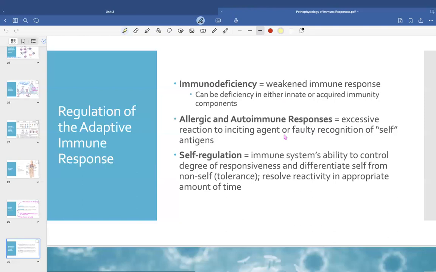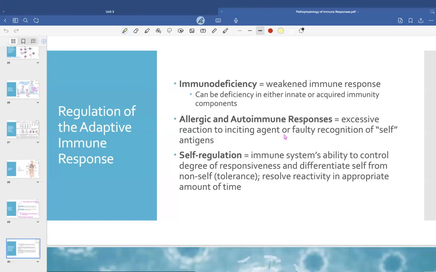Right, so now we're getting into the nitty gritty of it. That was the review. Immunodeficiency means you are deficient in one or more of your immune factors, leading to a weakened immune response.